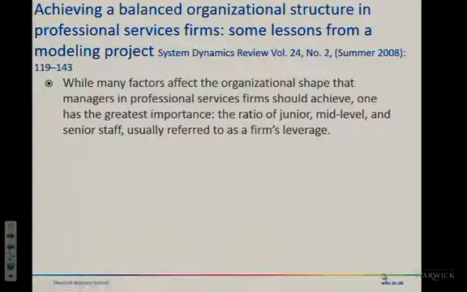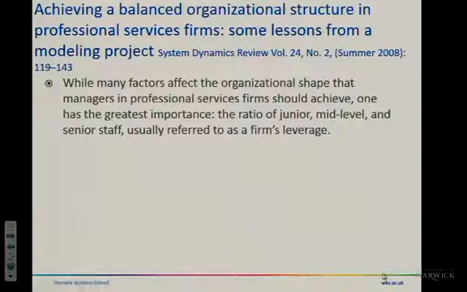Then you have mid-level staff, which is the people that have some experience, they are learning in the process, they are doing most of the jobs, but they don't have the decision-making process. They are not looking for clients. They are not in the planning of projects, but they are in some way controlling some of the juniors, training some of the juniors, and helping some of the senior staff.